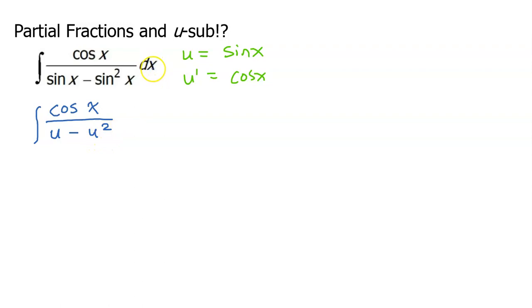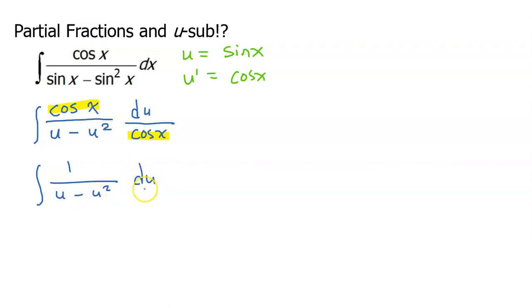Instead of dx, we write du over u prime. In other words, du over cosine x. So cosine x cancels out, and we are left with the integral of 1 over u minus u squared du.